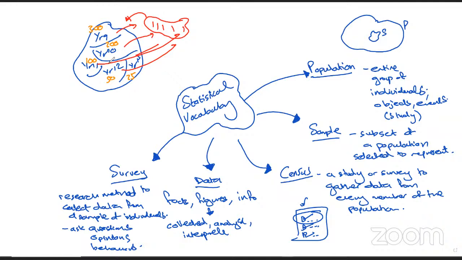This is just an example, but we want to create some kind of sample that would be reflecting everyone's opinions so that everybody gets a fair choice. Once we make a decision about the survey, we want to make sure that the data and the figures that we gather from the sample, which is from the population, is reflecting the population so that everybody gets a fair opportunity once the decision is made.